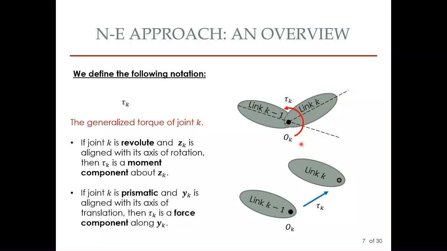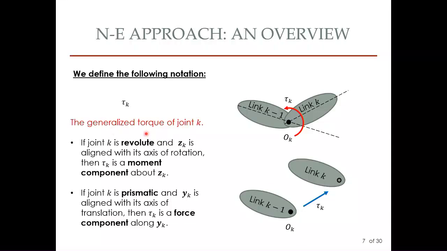So it's a torque, and here it is a linear force if it's a prismatic joint. So tau k could be either force or moment, depending on the specific joint. And that's why it's called generalized torque, not just torque.